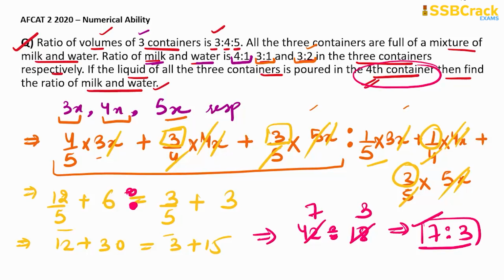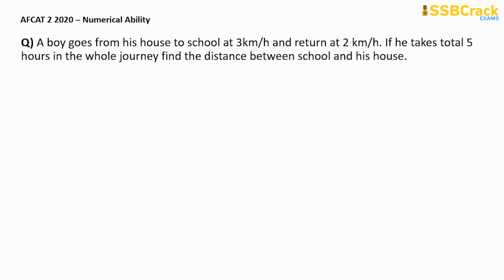Now moving on to our next question. The next question states that a boy goes from his house to school at 3 kilometers per hour and returns at 2 kilometers per hour. If he takes 5 hours in the whole journey, find the distance between school and his house.